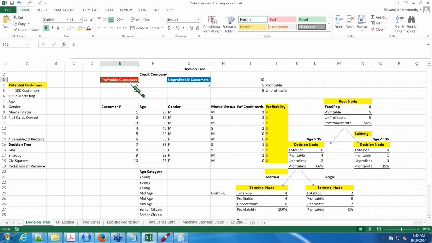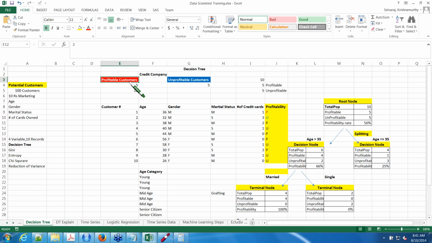If I have 100 customers, not all 100 will be profitable to the bank. Out of 100, only 50 will be. Out of 50, if I target them, definitely I can sell 10 cards and they will also bring revenue to the bank. How do I find, from a huge crowd of people, who will be my profitable and potential customers to buy the credit card?